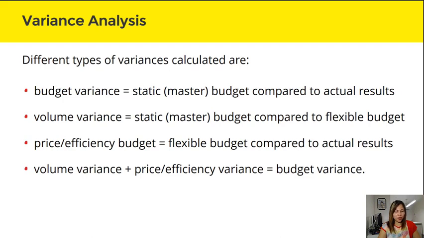So in summary, the budget variance consists of volume variance plus price or efficiency variance. If you recall, this is similar to the first diagram that we looked at, that every cost consists of two main components, the volume and the price component. Therefore, the same with the variance, you have volume variance and price or efficiency variance.